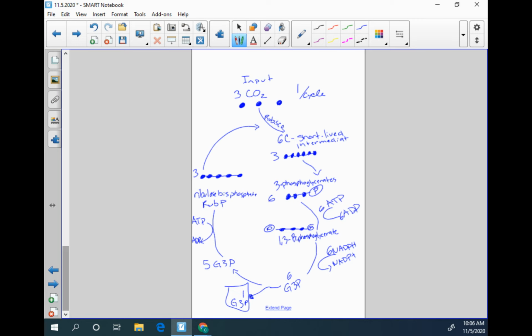Then we're going to go to the Calvin cycle, where we take carbon dioxide out of the atmosphere. We're going to use NADPH and ATP, and then we will get NADP plus and ADP. ADP and NADP plus will go back to the light reactions, so we can reuse them. So the light reactions and the Calvin cycle depend on one another.